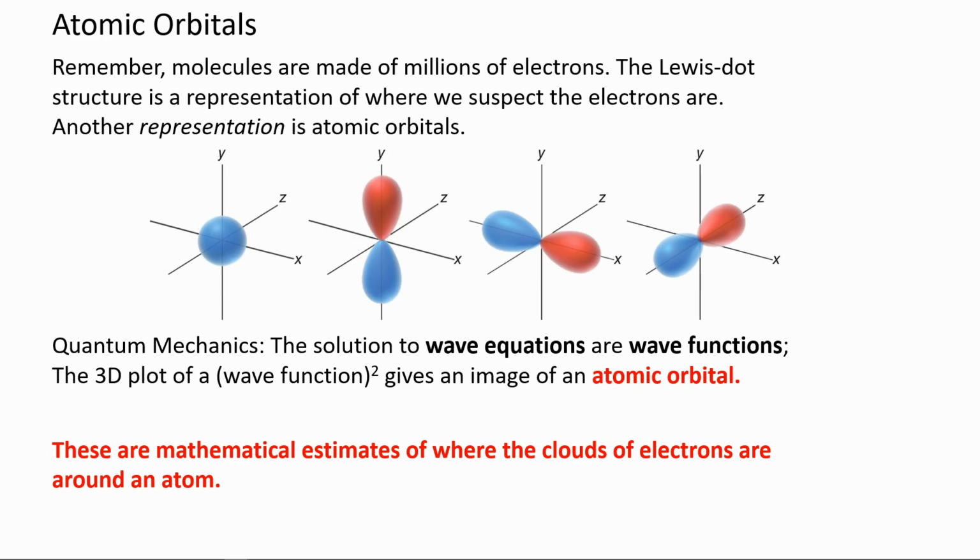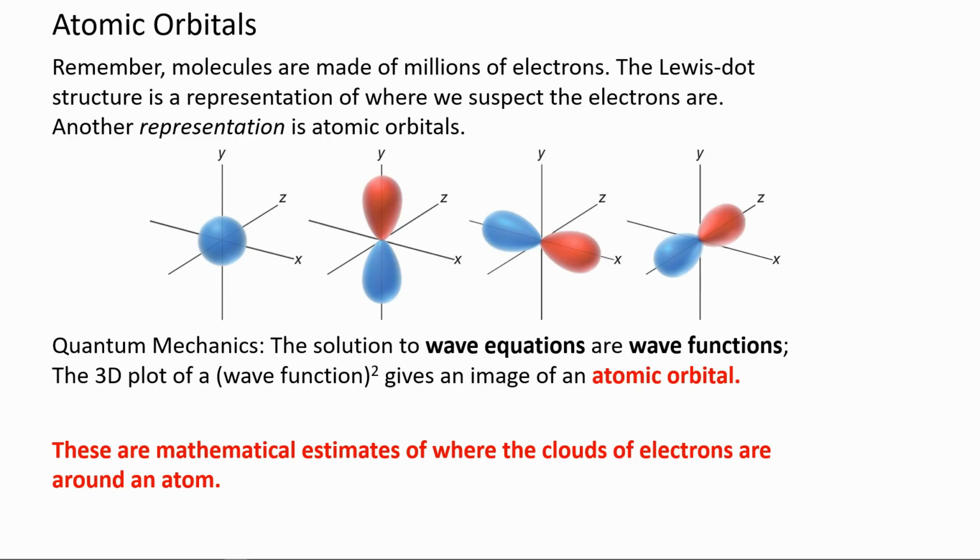This is actually a mathematical approximation from quantum mechanics. The solutions to these wave equations, when you plot them, give an atomic orbital. So this wave function gives an image of the atomic orbital, and these are mathematical estimates of where the clouds of electrons are around the atom.